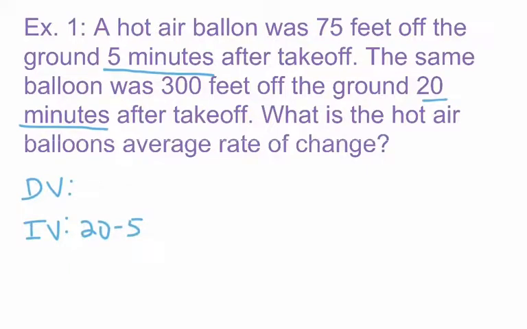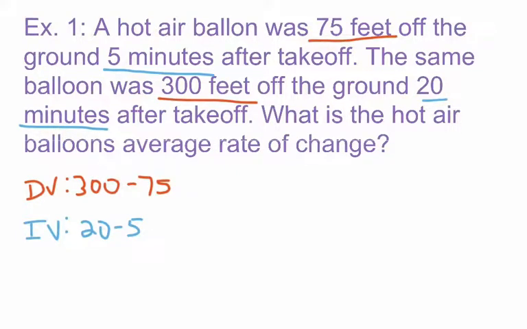Okay? The dependent variable, on the other hand, is going to have to do with the other variable, which in this case is going to have to be feet. So we have 75 feet here. We have 300 feet here. Okay, so we're looking for the change in altitude, or we're looking for the change in height. To get that, we're going to take 300 minus 75.